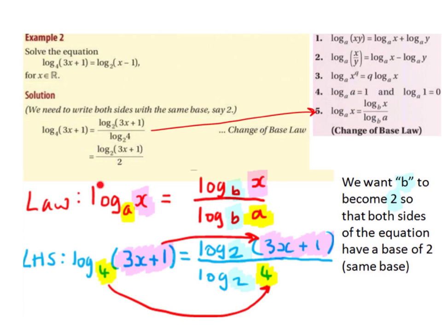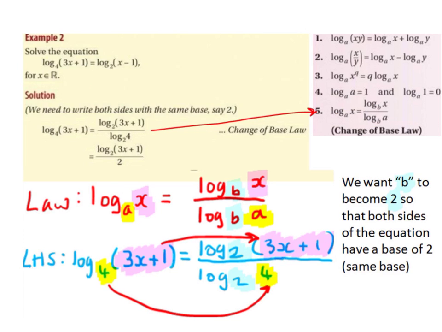So our formula says log base a of x is equal to log base b of x divided by log base b of a. The a is going to be the 4, so that comes over here into our denominator. And then in our formula the x is actually going to be the 3x plus 1, and that comes over into our numerator. So it comes over here into the numerator.